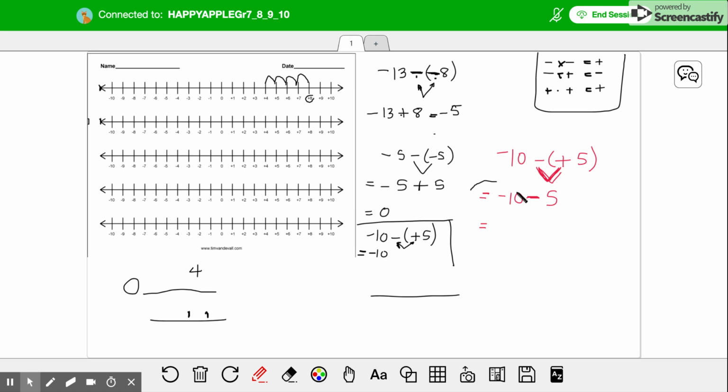So now, instead of the first line, I now have -10 minus 5 because the negative times the positive became a negative, right? These two signs can be combined to make a negative.